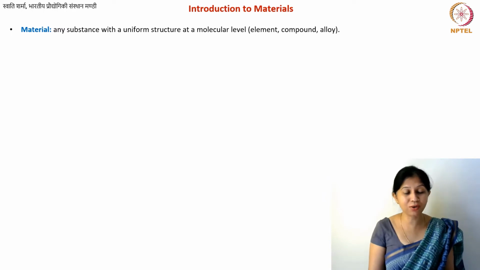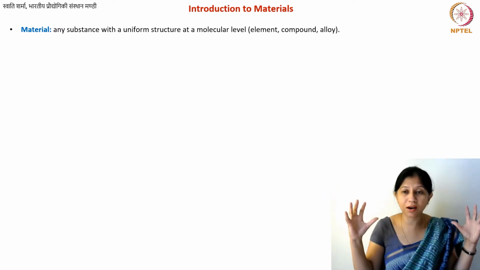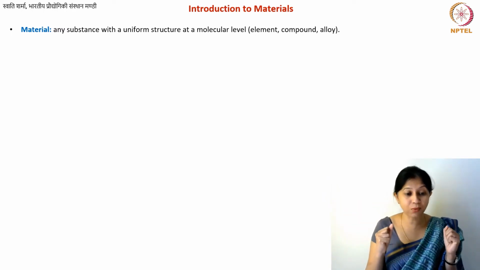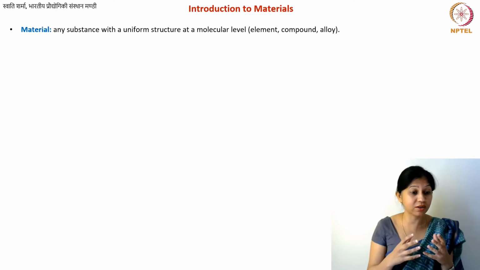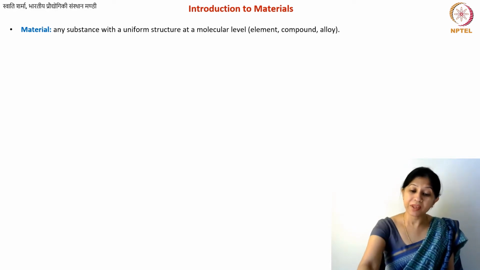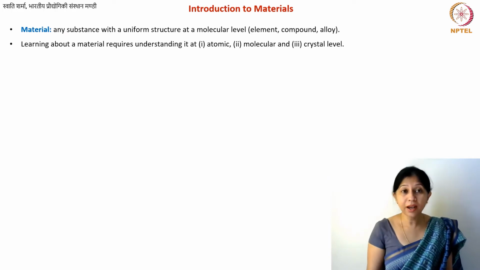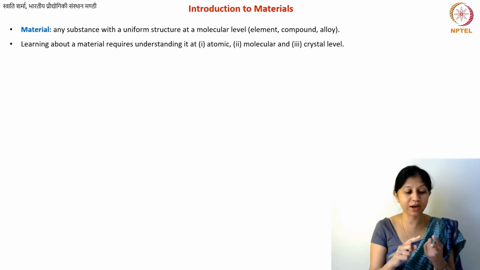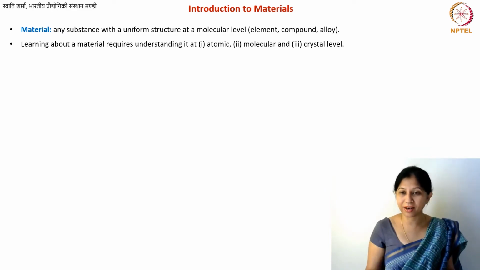So what we need to know is about all of these materials, and how we can change their properties. Can we also design new carbon materials? The answer is yes, if you understand your material at number one atomic, number two molecular, and number three crystal level.